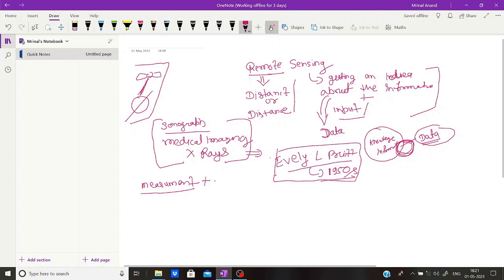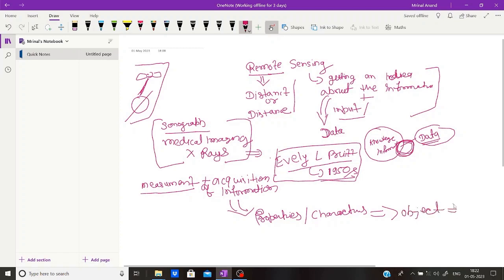From this measurement we go to the acquisition of information, of properties or characteristics of any object from a distance.